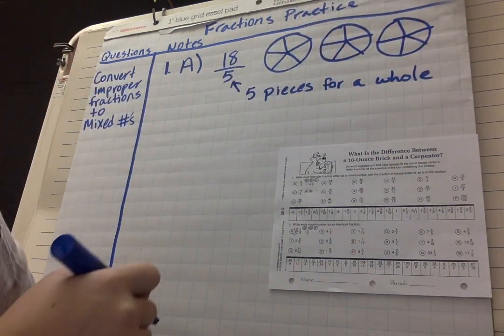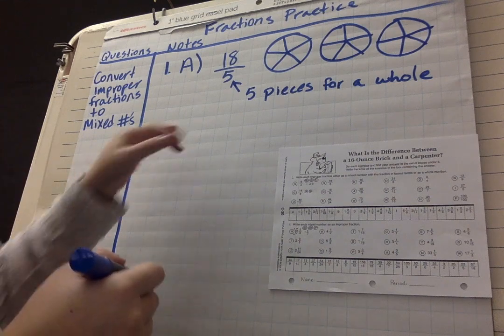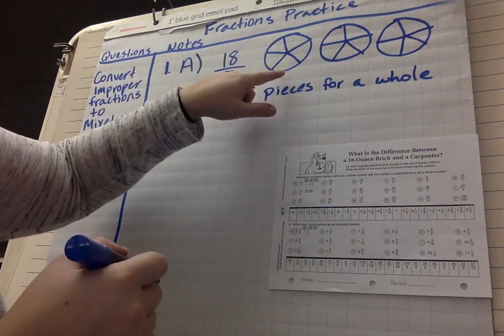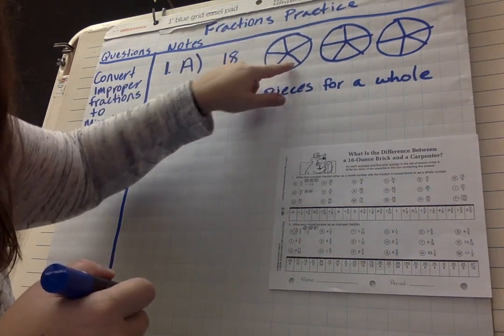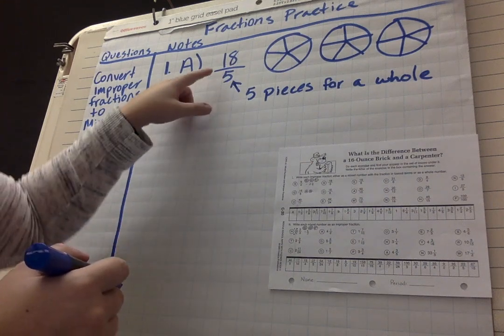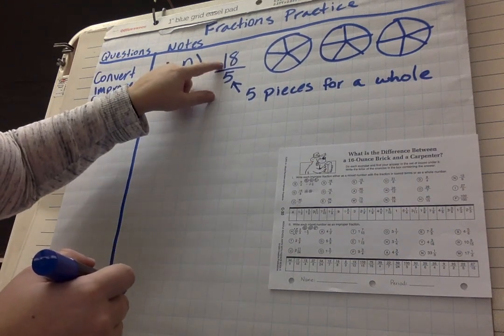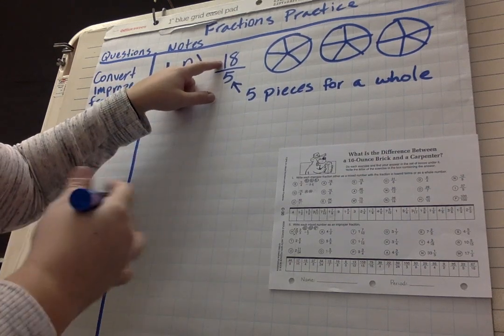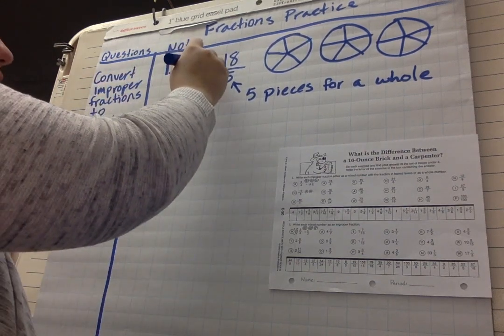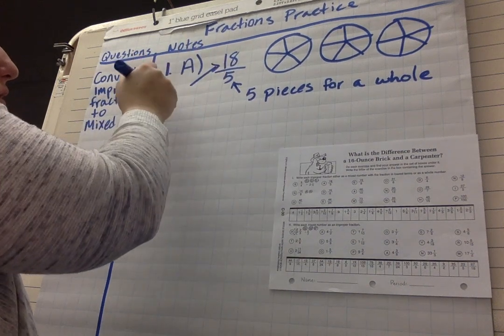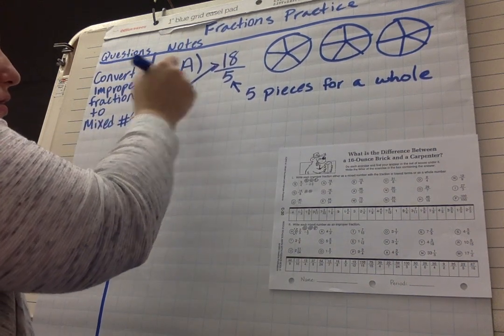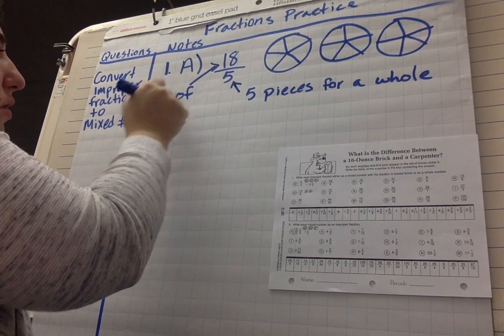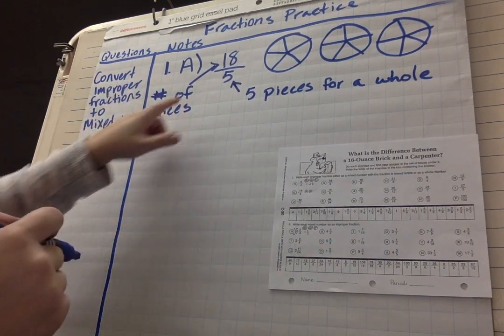Okay, so is that enough? I'm not sure. I know I have 5 pieces in each circle, and this circle represents one whole. But I need this many pieces. This is the amount of slices that I need.